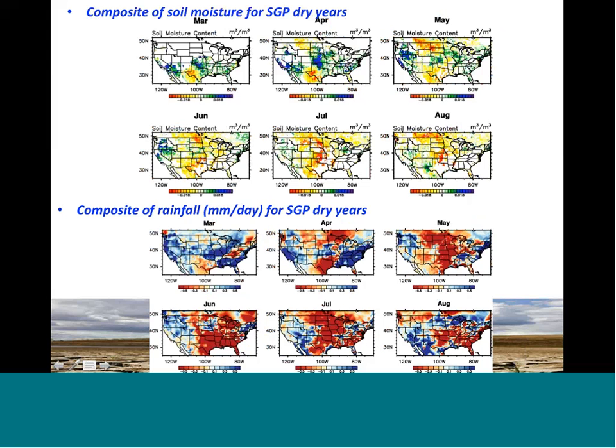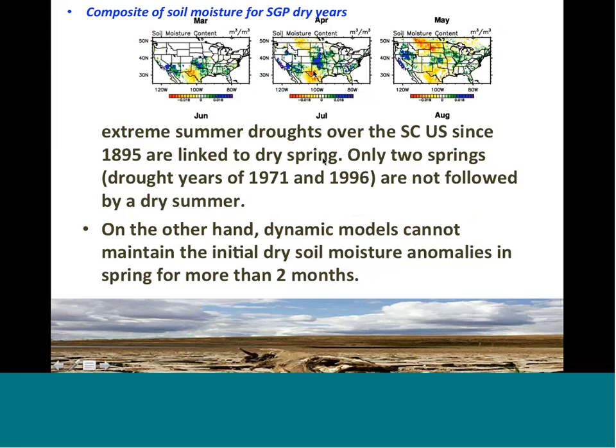And the question is whether this persistent surface dryness, drought memory, if you will, is due to low frequency, remotely forced large-scale circulation change, or contributed by atmospheric feedback to the soil moisture dryness.